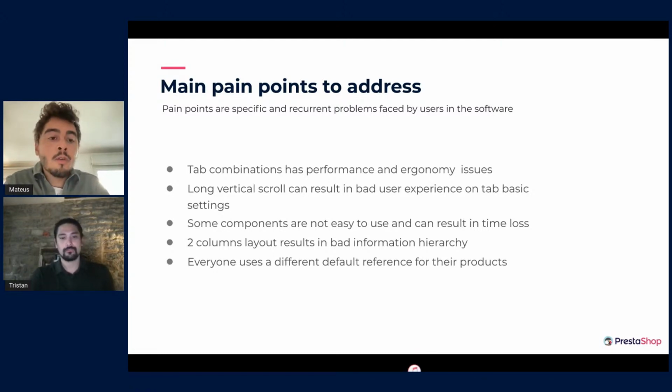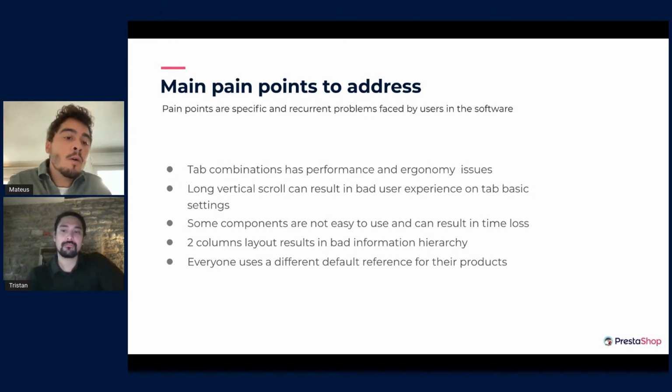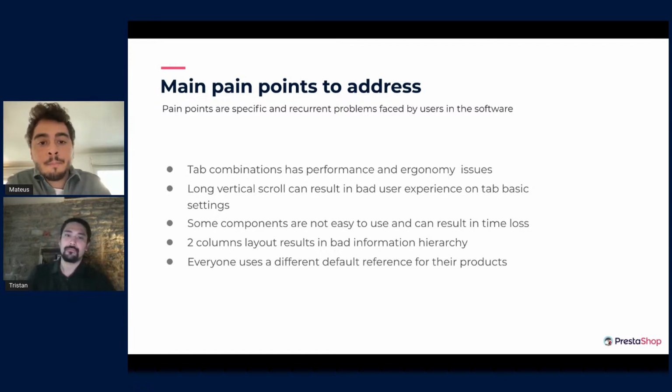Also, all the merchants we met have their own system of referencing their products, so we try to find a solution to help them identify their products a bit more easily.